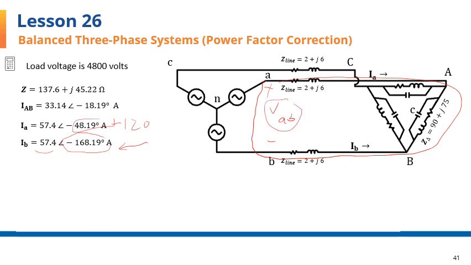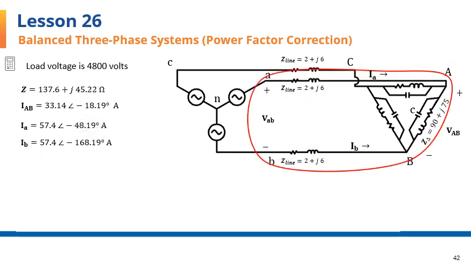We can see that VAB equals IA times Z plus a voltage drop between A and B, which is already known as 4800, and then minus IB times Z again, minus because of the direction of IB. I have that on the next slide.